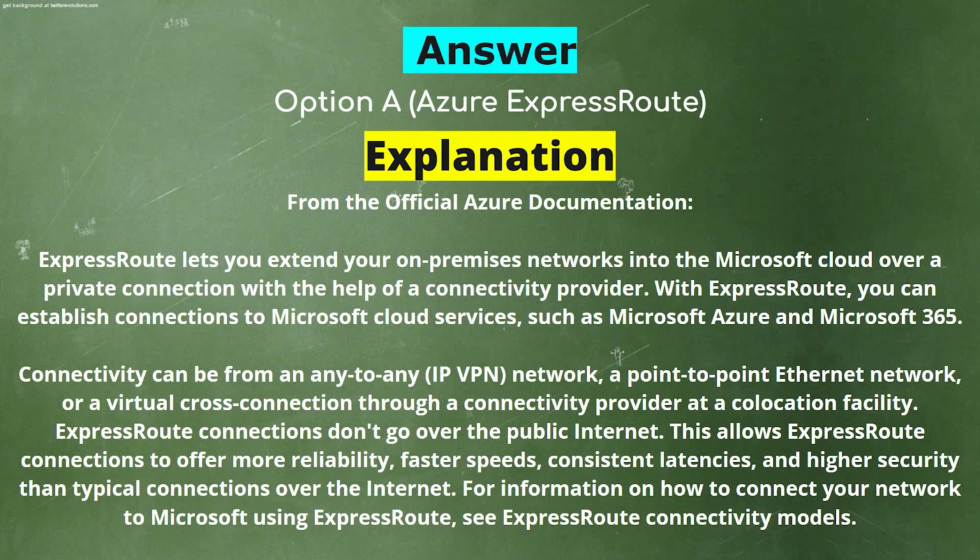ExpressRoute connections don't go over the public internet. This allows ExpressRoute connections to offer more reliability, faster speeds, consistent latencies, and higher security than typical connections over the internet. For information on how to connect your network to Microsoft using ExpressRoute, see ExpressRoute Connectivity Models.